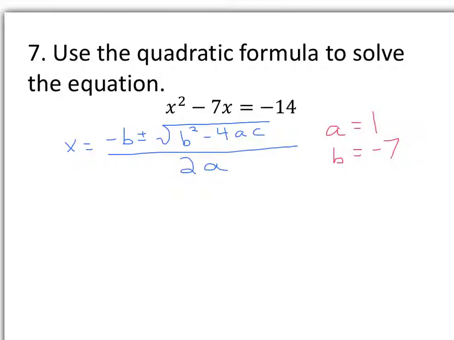And C is the coefficient that doesn't have a variable next to it. But before we can find C, we have to rewrite the equation in standard form. So we would add 14 to both sides. Alright, this is the standard form of the equation, so we can see that C equals 14.